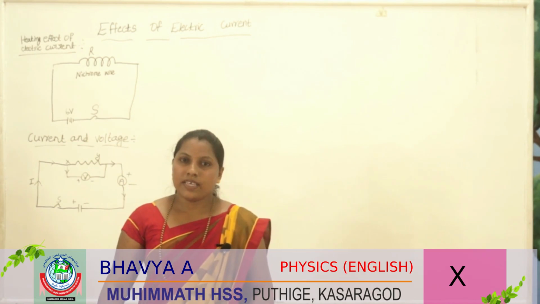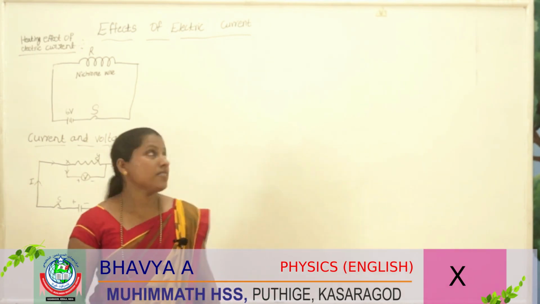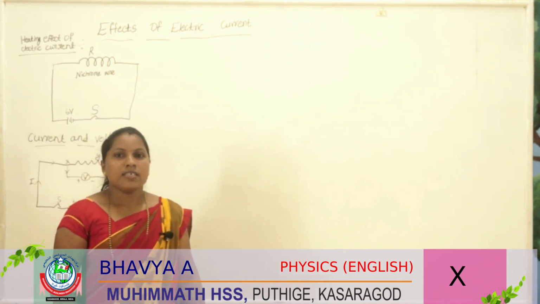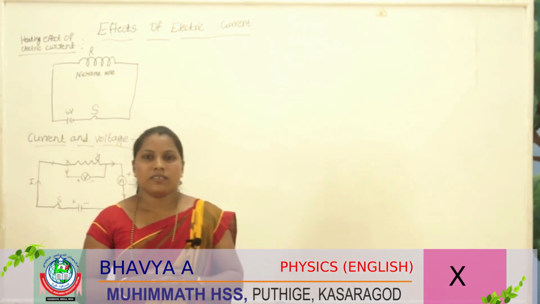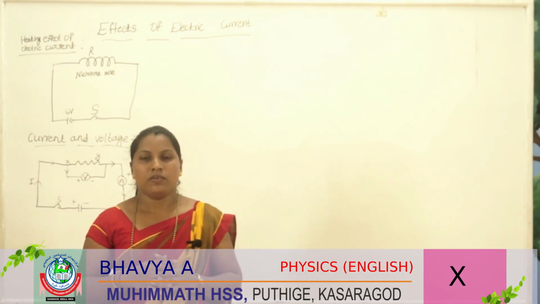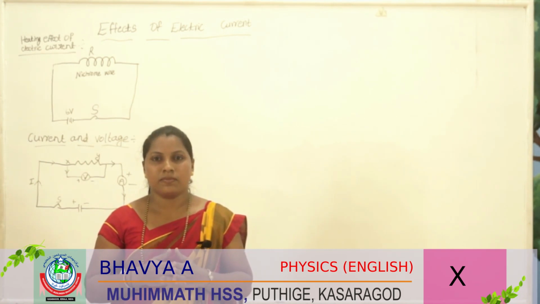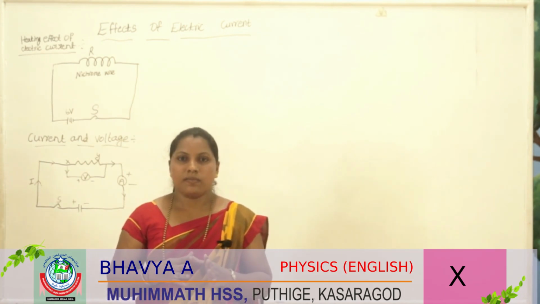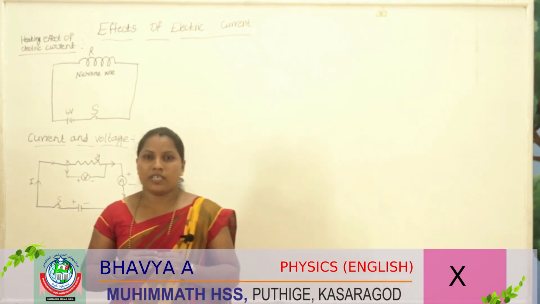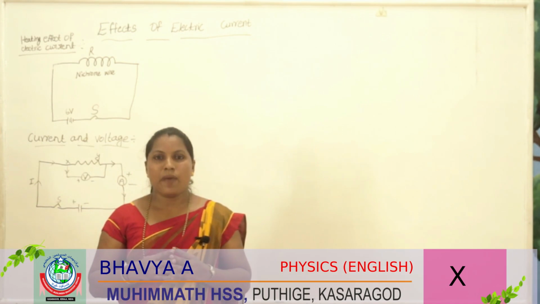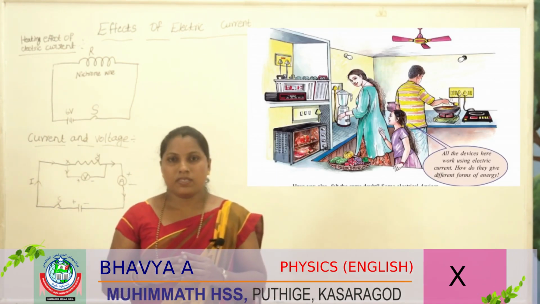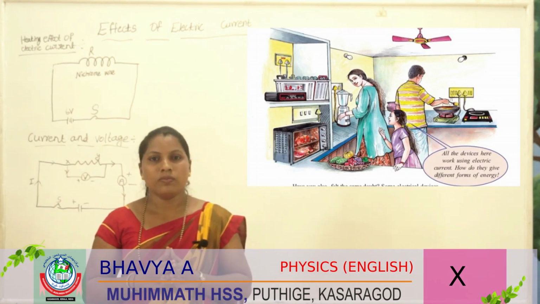Okay, in 10th standard our first chapter is effect of electric current. See that picture. What all are you observing in that picture? Which devices are there? A fan is there, a bulb is there, then an induction cooker, then a storage battery, then a microwave oven. These all devices are there, no?